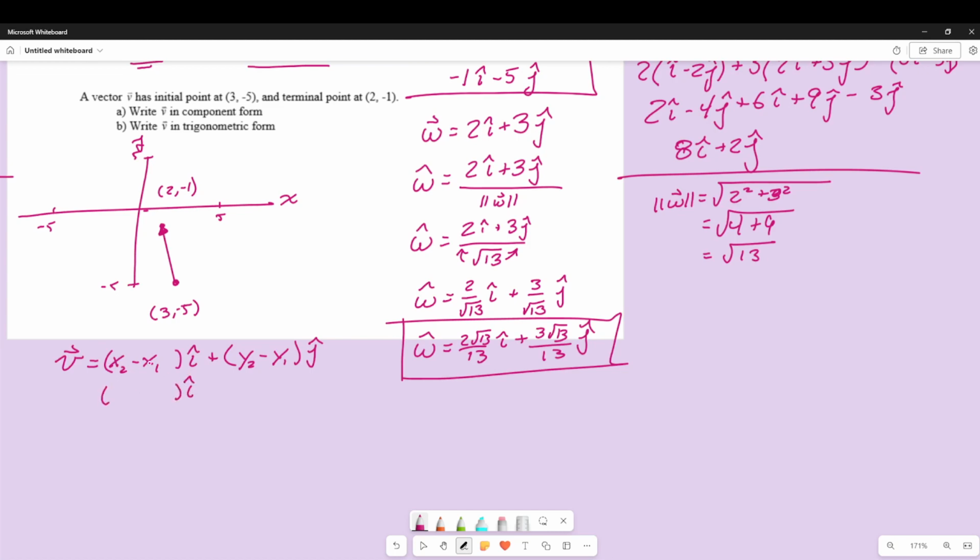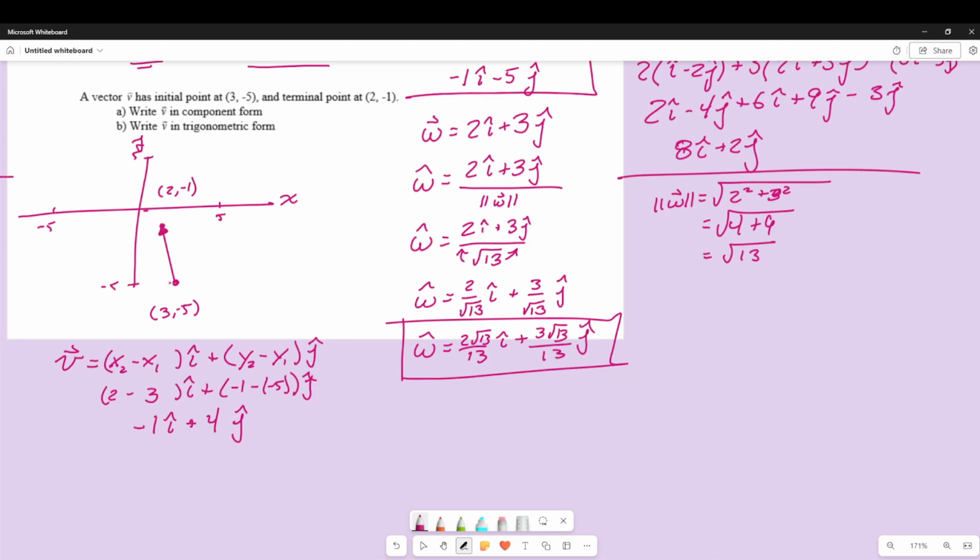It is always end minus beginning, so it'll be 2 minus 3 in the I, and then -1 minus the -5 in the j. So it's going to give us a -1 in the I and a +4 in the j when we have our -1 plus 5.